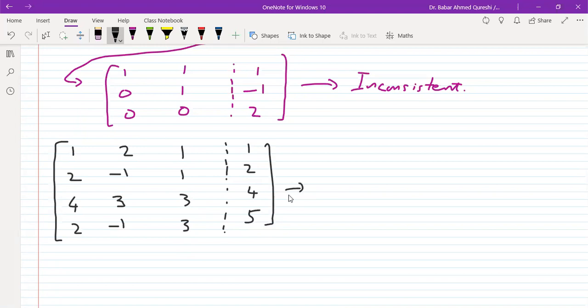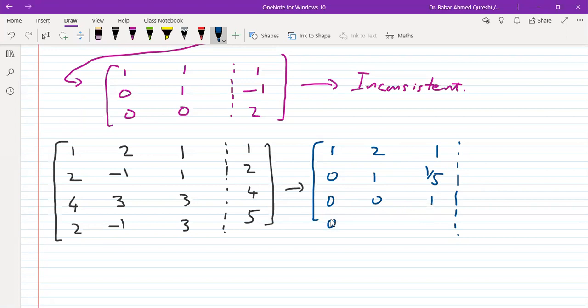So it's kind of obvious that you have a lead, then zeros below it. Then the next lead and zeros below it. Next lead, zeros below it. So this row has to be 0. There's no other choice. If you do the calculation, that's what you find. Zero, 1, and this row is 0.